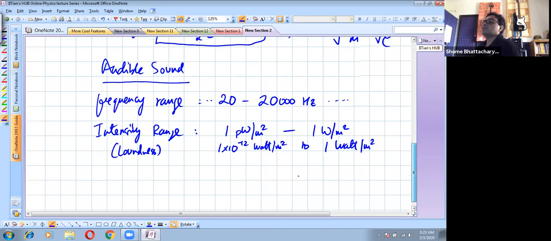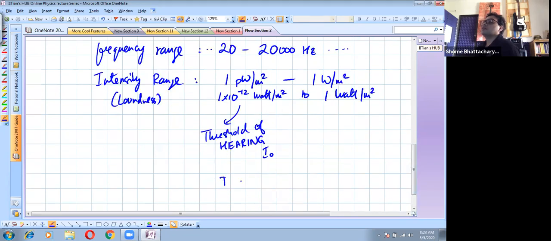Why we call this the range is because this level is called the threshold of hearing, typically denoted by I0. If the intensity is less than I0, the sound is inaudible. That is, it's too soft to hear.